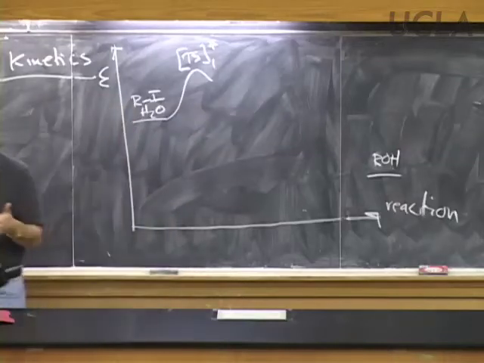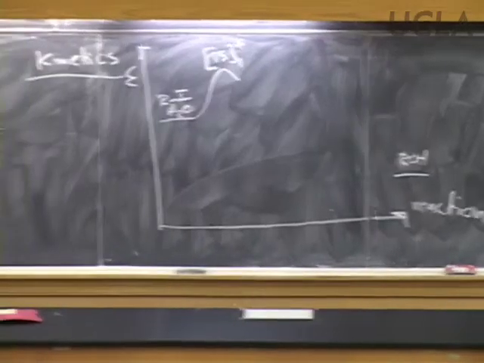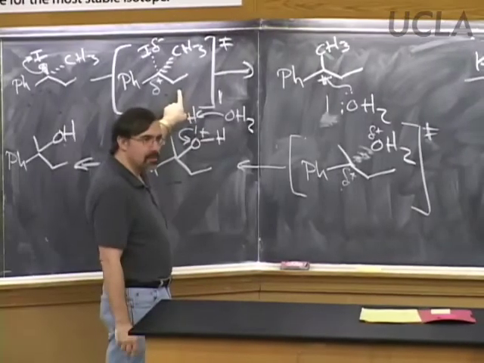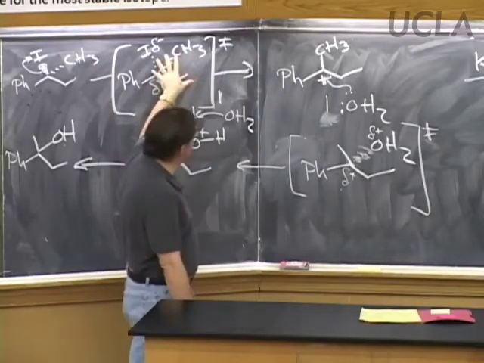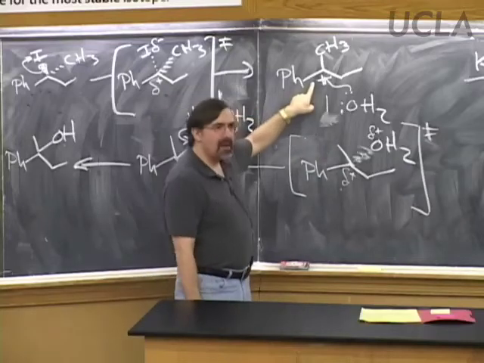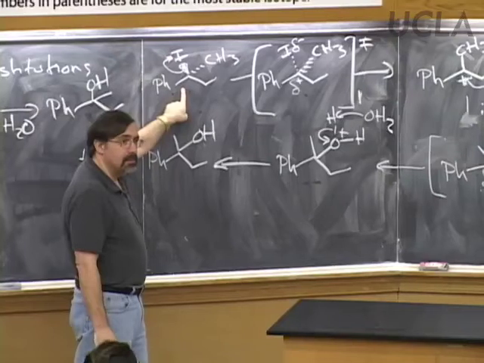Now we have to begin to ask some relative energy questions. Here we have a carbocation. Is this carbocation going to be higher or lower energy than the transition state that forms it? Lower, because the transition state in this mechanism step is the highest energy point. Is this carbocation going to be higher or lower in energy than this iodide?